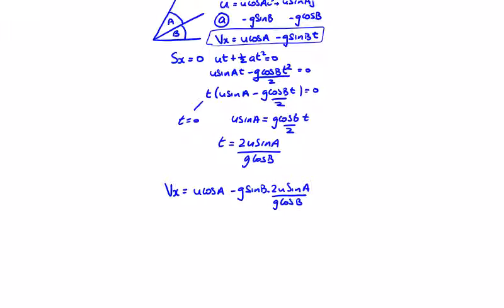You see here sine beta over cos beta is going to give tan beta. So this is really where these questions go, and we're dealing with angles. We're looking at tan. v of x is equal to u cos alpha minus g tan beta, and I still have my 2u sine alpha. I'll just leave them in that order. You can see the g's will cancel here.